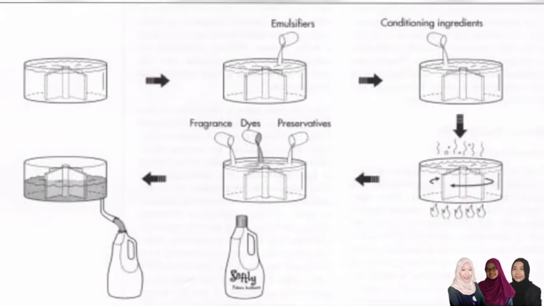Now we see how fabric softener is made. First, the tank is filled with the specified amount of deionized water, which is 80 to 90%. Second, the water is heated to 70 to 80 degrees Celsius and mixed using a propeller in the mixing tank. Third, the emulsifier, which is 1 to 10%, is added when the water reaches the appropriate temperature, since it tends to be a waxy solid material at ambient temperature. It is very important to disperse the emulsifier homogeneously prior to adding the less water soluble material.